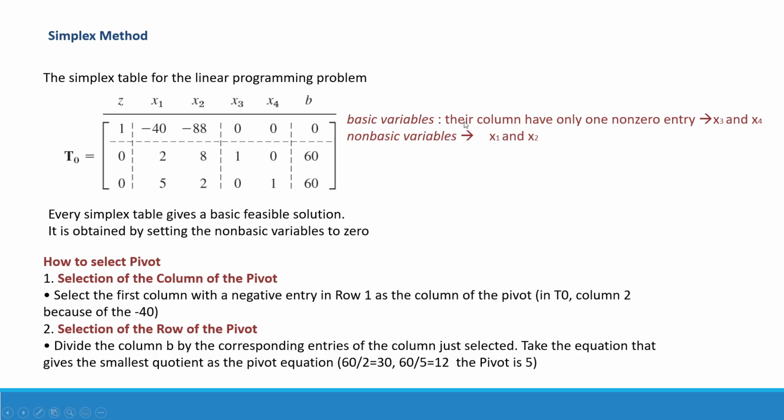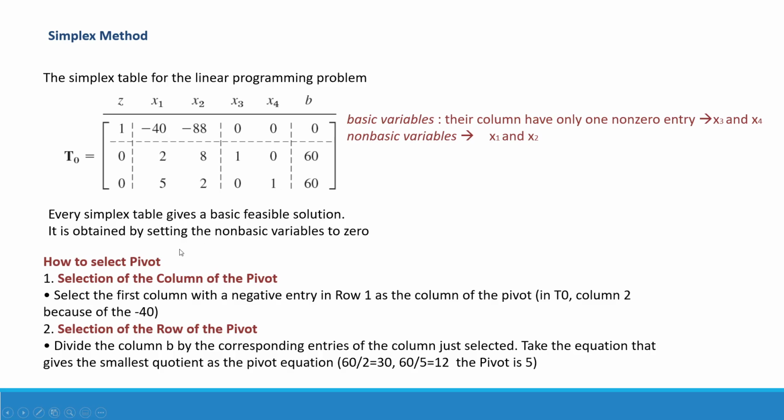A basic variable has a column with only one non-zero entry; you see only one here, the rest are 0. A non-basic variable can have other numbers here. Every simplex table gives a basic feasible solution, obtained by setting the non-basic variables to 0.